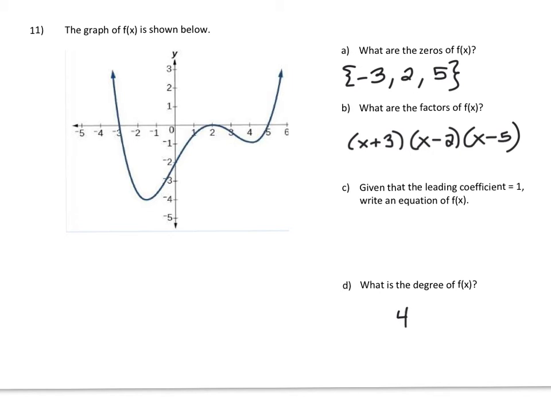It has 4 directions. But x times x times x is x to the 3rd, not x to the 4th. So if you remember from last night's Ed puzzle, if the graph bounces off the x-axis, like right here, we say that it's tangent to the x-axis. We say it has something called multiplicity. What that means is there's a multiple root at that point.